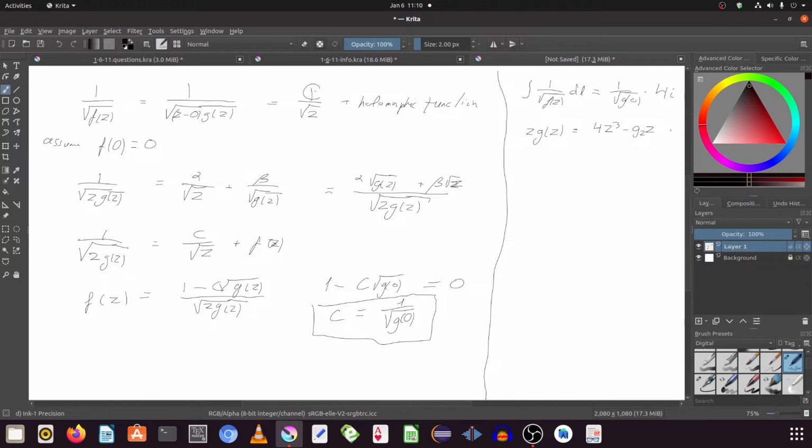And then g of naught must vanish for this to make sense. So, how to generalize this when the root is not 0?